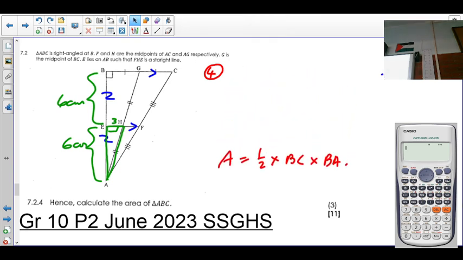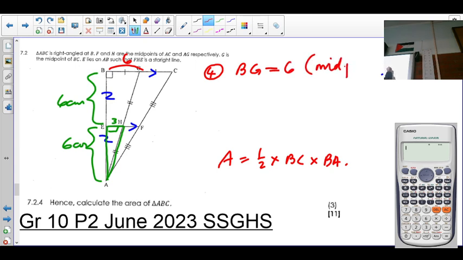So what do I still need to calculate? BC. But we know that the length of BG is going to be 6. Why is that 6? Because 3 times 2 is 6, right? Why? Because of the midpoint theorem.